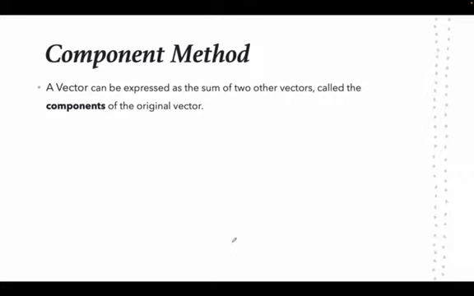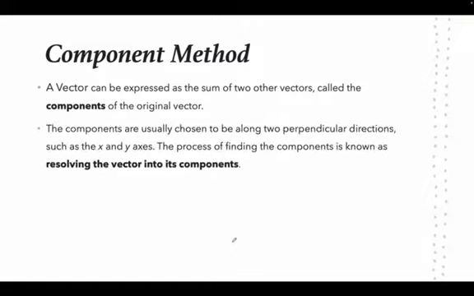When we use the component method, the idea is to break a vector into its components. Okay. Now, the components of a vector are usually one that's horizontal and one that is vertical. Okay. Doing this process means breaking a vector down into its components.